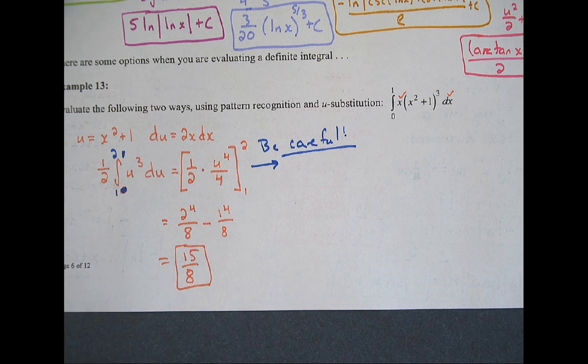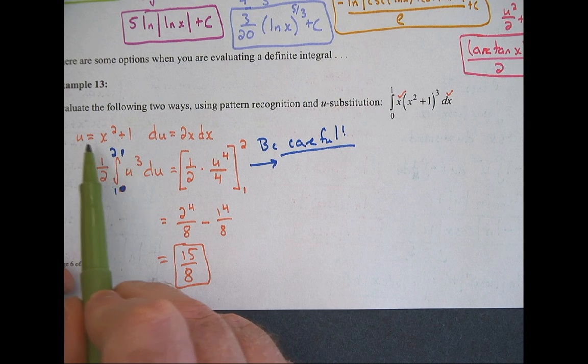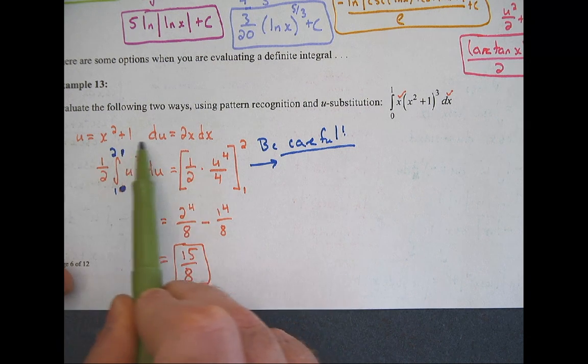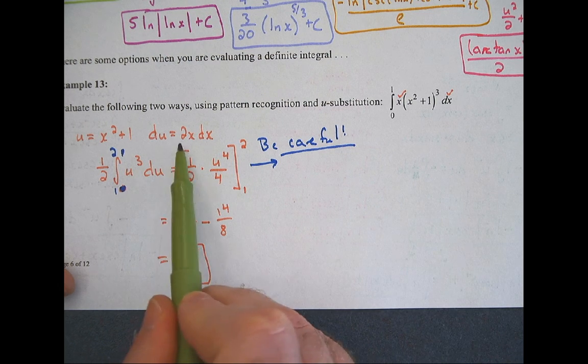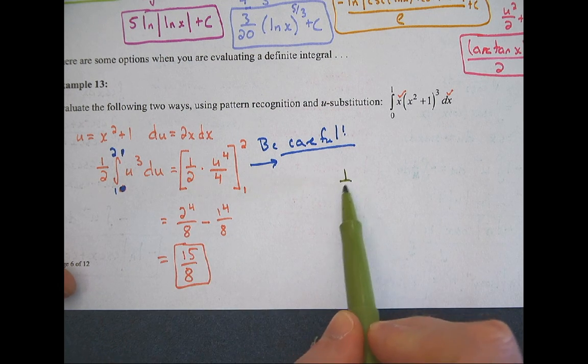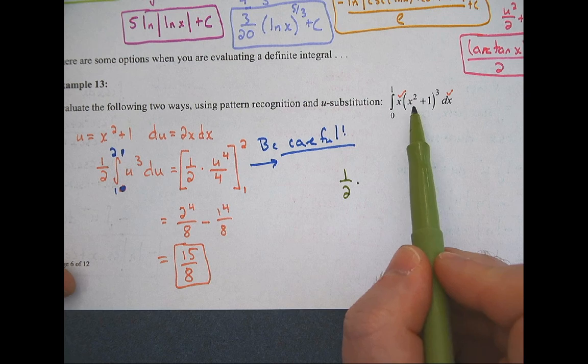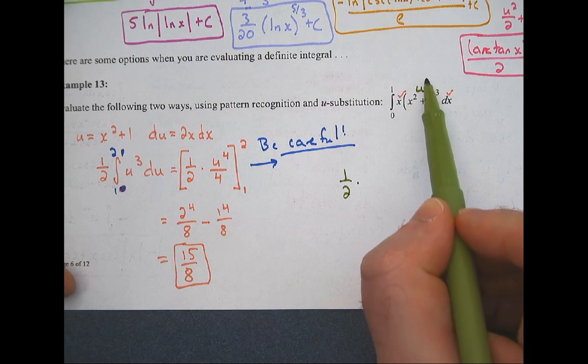Now let's say that you did this by pattern recognition. With pattern recognition, you wouldn't have to worry about that. So here's our stage. Let's do some pattern recognition. Do we have any constants? No. Do we need any corrections? Yes. 1/2 times, what's the integral of, this would then become u cubed.